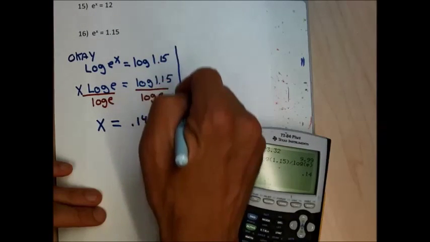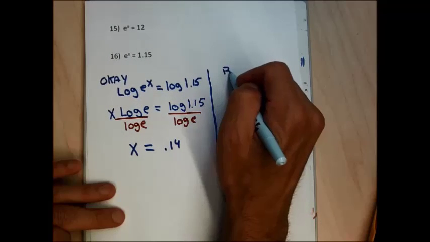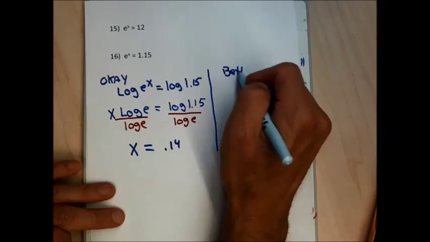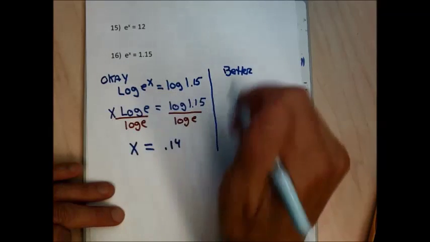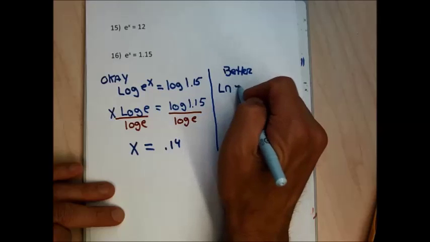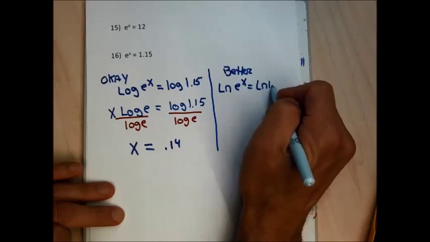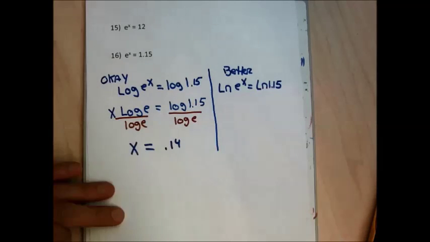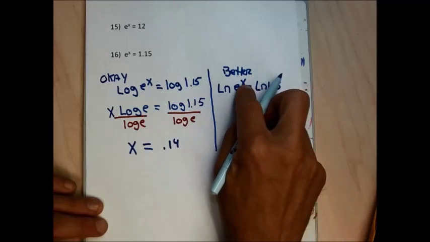The better way to do this, when the base is e, is to take the ln of both sides. My calculator has 2 bases that it does logarithms with, base 10 and base e. The reason this is going to be better is because I'll have less calculator work. If I take the ln of both sides, that's equivalent to taking the log of both sides.